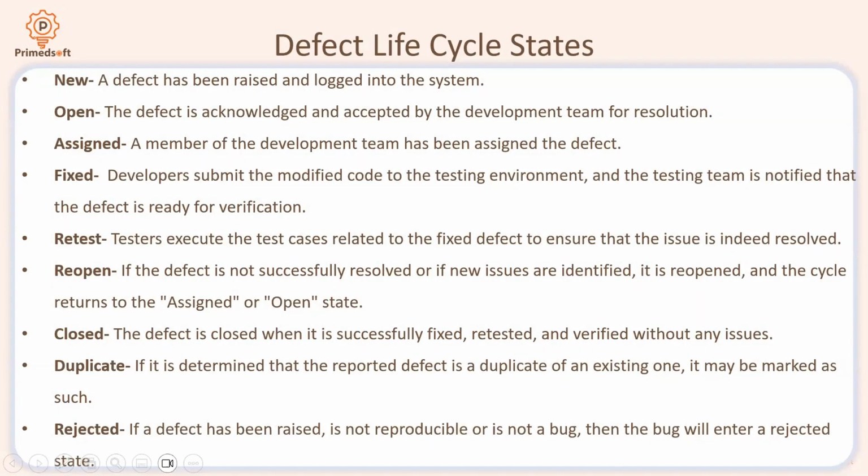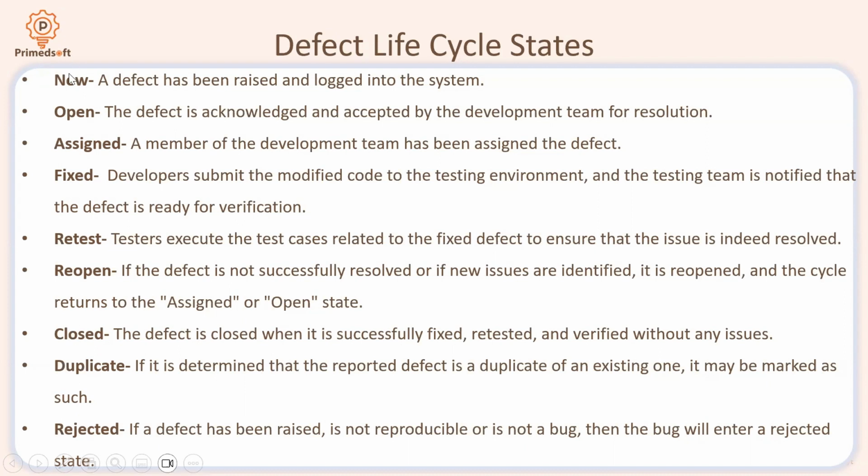Now let's go through the defect lifecycle in detail, and the defect lifecycle states. In a defect lifecycle, we'll have the first stage, which is new. The second stage is open. The third stage is assigned. Then we have fixed, retested, reopened, closed, duplicate, rejected.